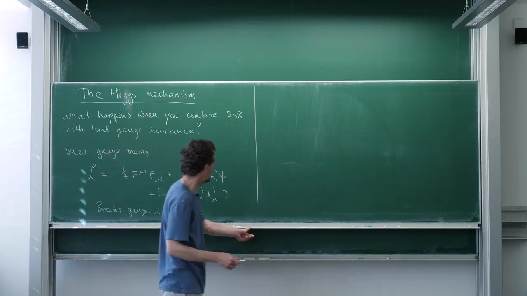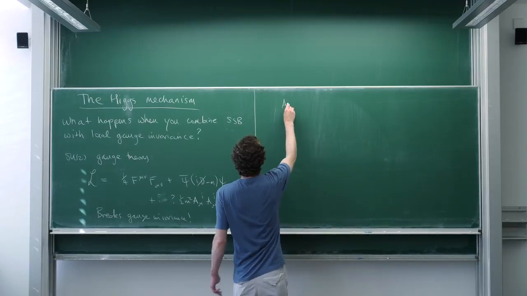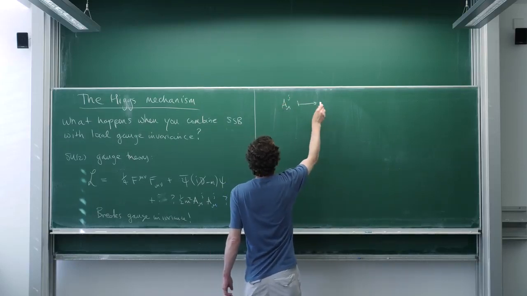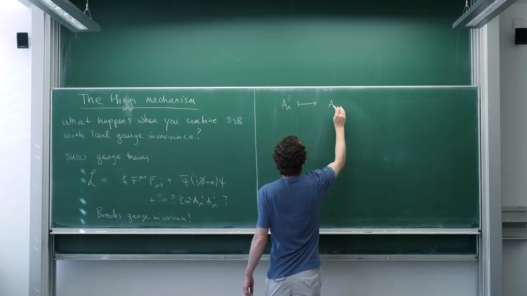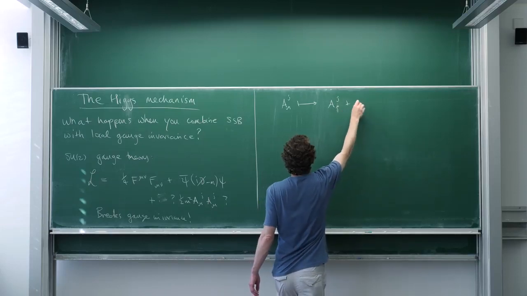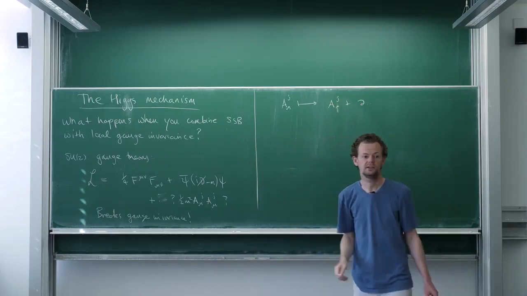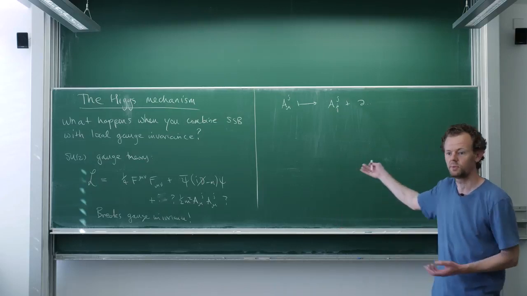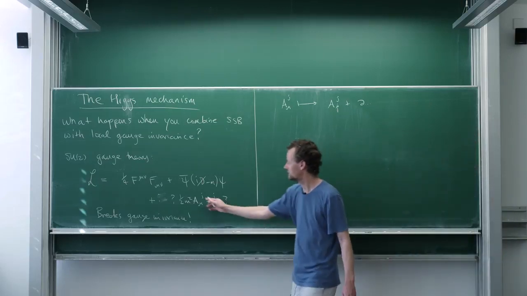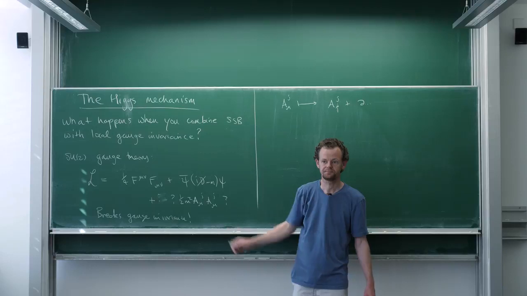The reason is that under a gauge transformation, these gauge fields transform to themselves plus some derivative terms, and this just doesn't transform in the right way.